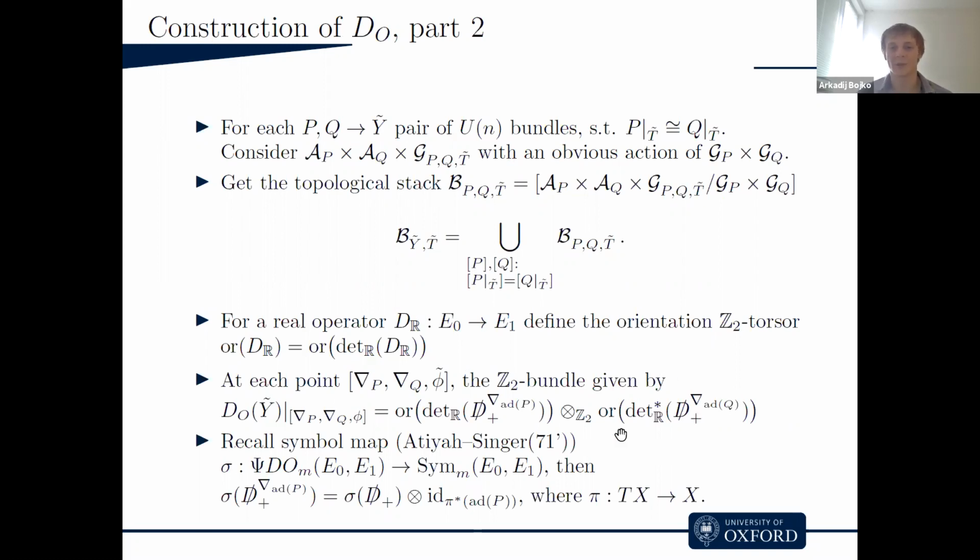Here, notice I'm taking a dual over the real line, which is not really something reasonable to do. It's almost like taking a dual of an orientation of a Z2 torsor, which doesn't do anything.